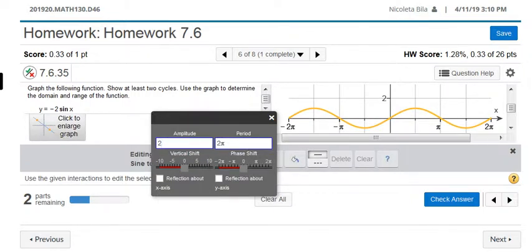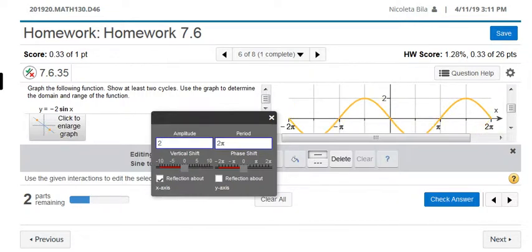Because of the -2 in front, we have in fact a reflection of the graph of sine x. Why? If I change the amplitude here, I get only 2 times sine x. But I have -2, so to take into account that negative sign, I have to use a reflection about the x-axis.